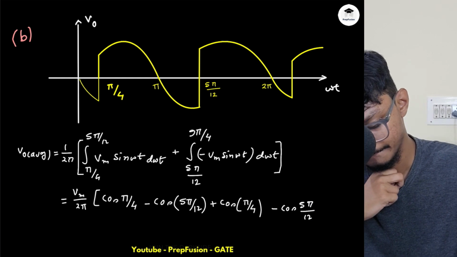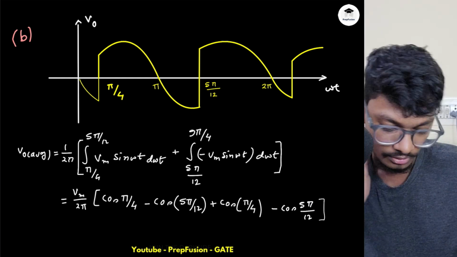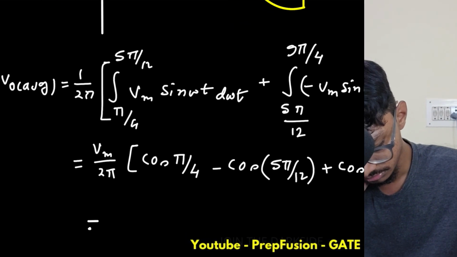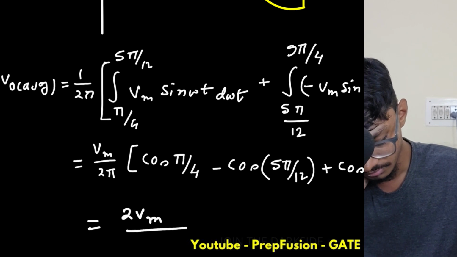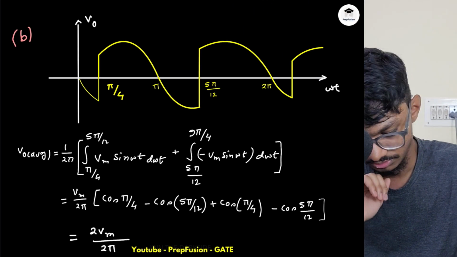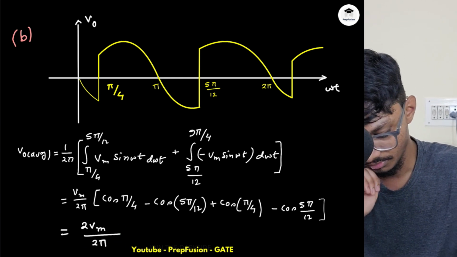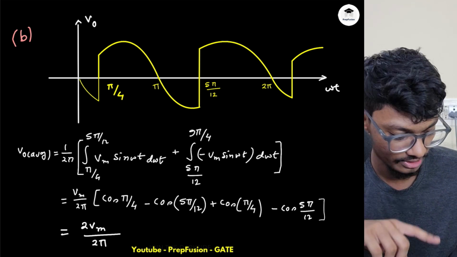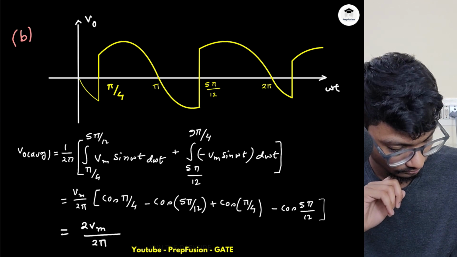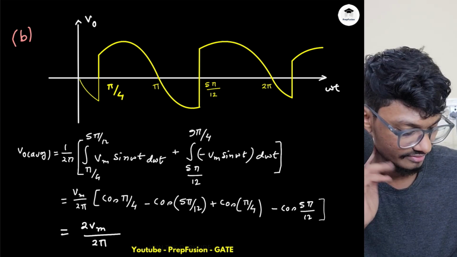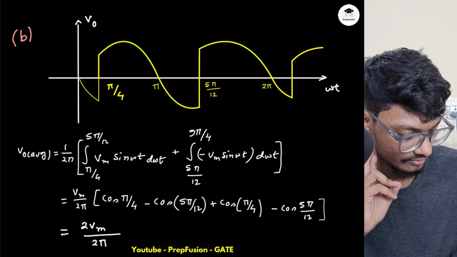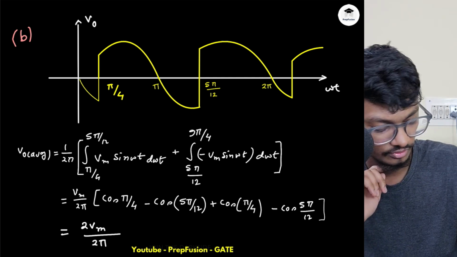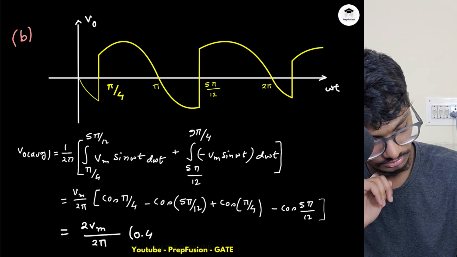Okay, so what will this be equal to? This exactly will be something like this: 2 Vm by 2 pi, cos pi by 4 minus cos 5 pi by 12. I will just quickly compute that. So basically this is cos 45 minus cos 75, which is 0.448.